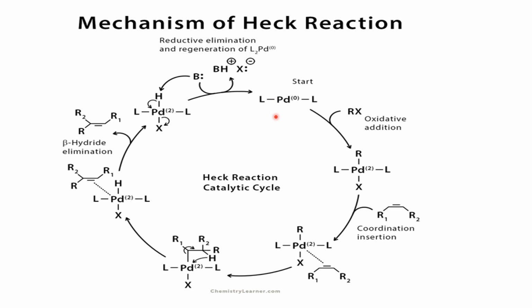That means as we explain organometallic reactions using the Tolman loop, the same thing is happening here. First step is the oxidative addition. Second step is the insertion reaction. Third step is the beta hydride elimination.